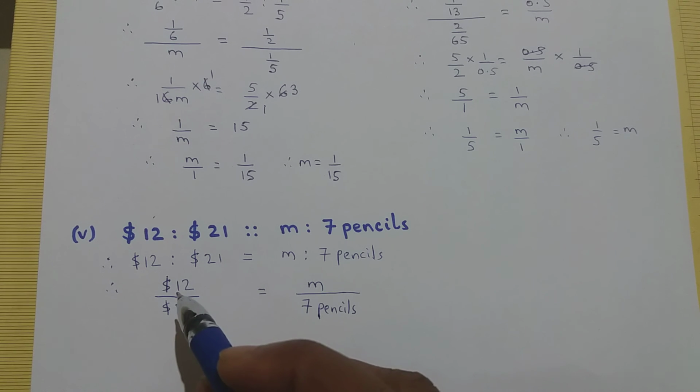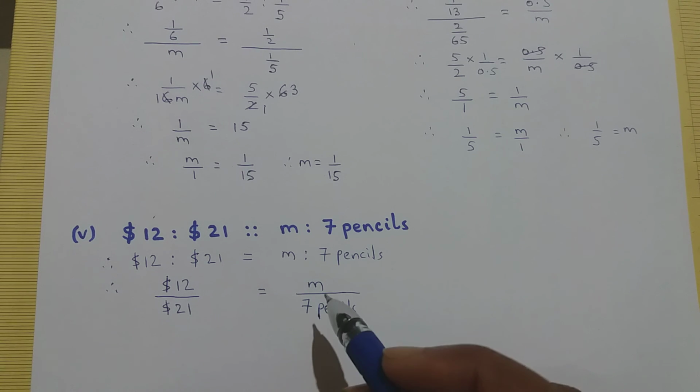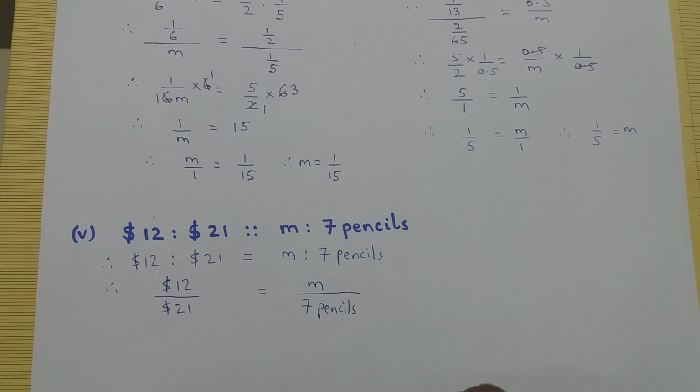So it becomes $12 upon $21, that is equal to m upon 7 pencils.